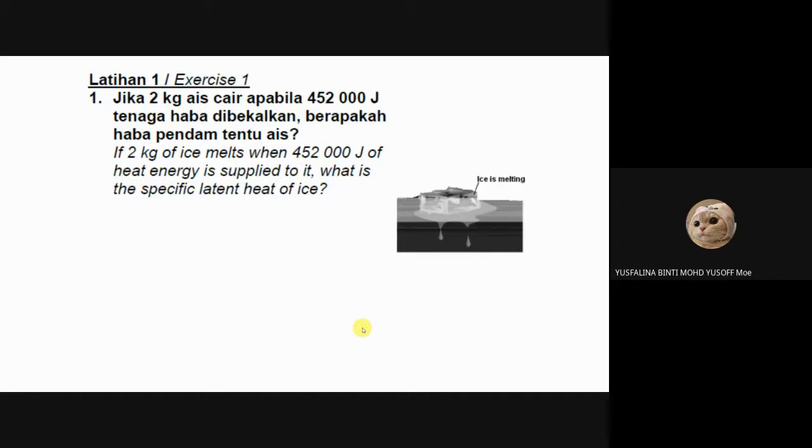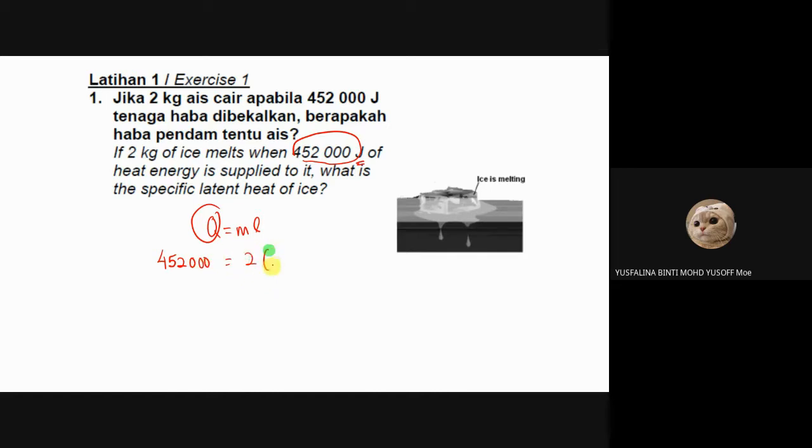Alright, so let's see. What is the formula that you use for this question? Q equals ml. So what is the Q here? Q is the quantity of heat energy, and the unit must be in joule. What about the mass here?